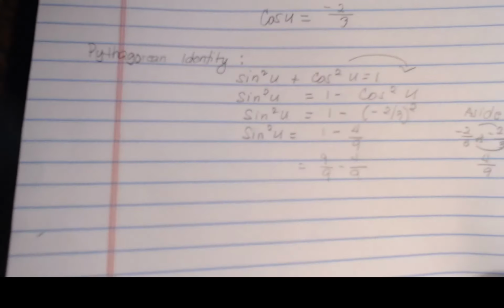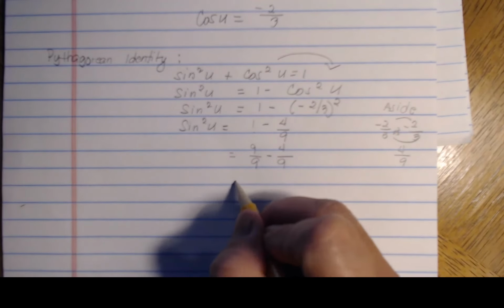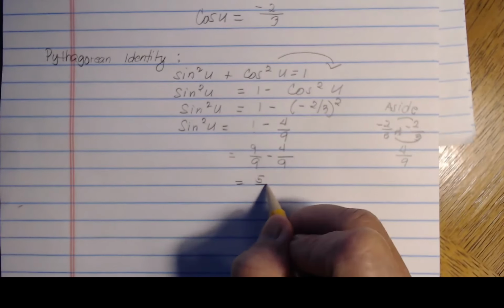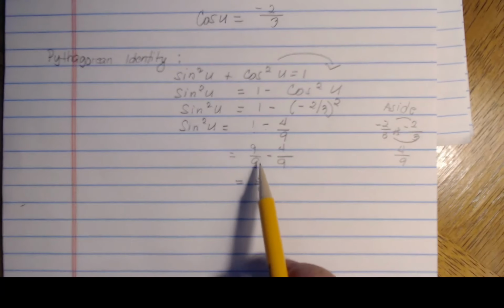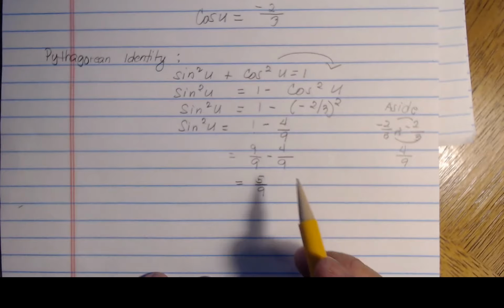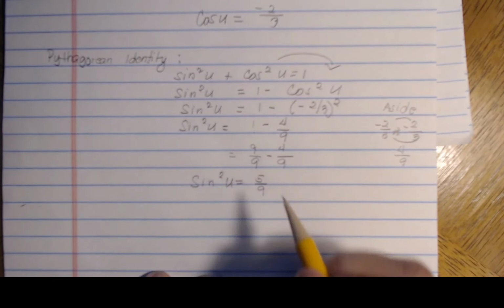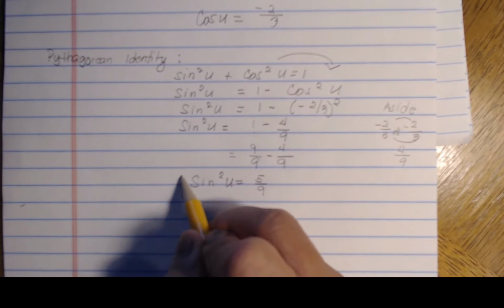So then that would be 5 over 9, because 9 minus 4 is 5. Copy the denominator. Well, I want sine only, not sine squared, so take the square root of both sides.